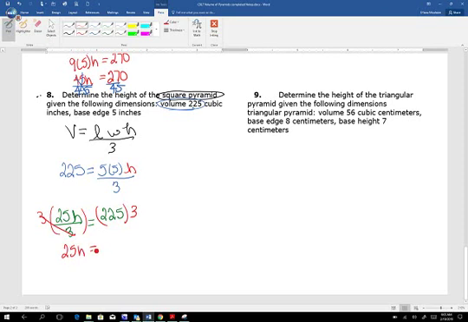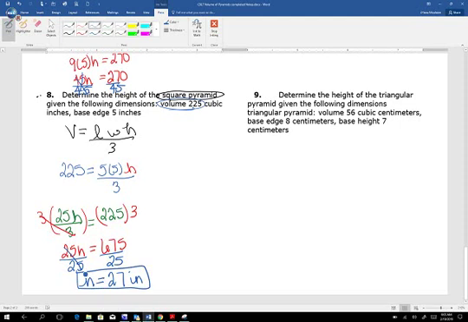So I have 25 times the height equals 225 times 3, which is 675. And then I will divide both sides of the equation by 25. And our height is equal to 27 inches.